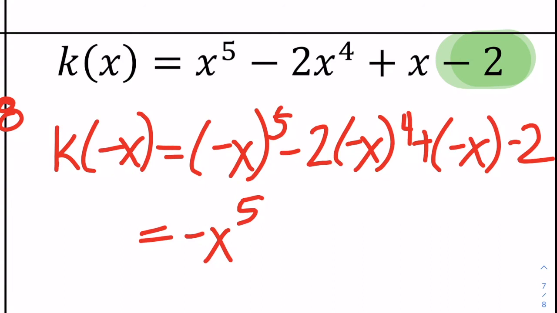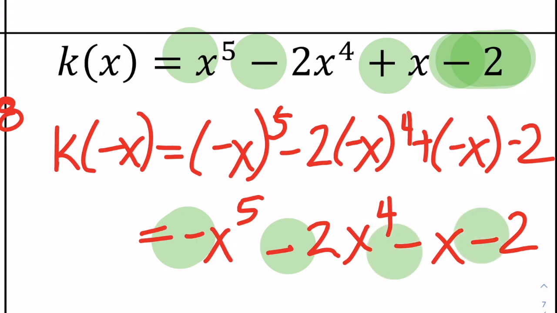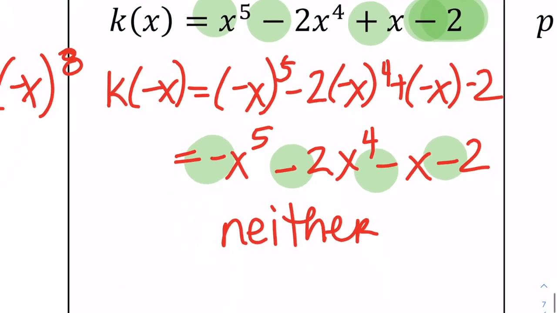So this will stay the same here, 2x to the fourth, and this will become negative x minus 2. So looking at the signs, this is positive, negative, positive, negative. This becomes negative, negative. It's not all becoming opposites, and they're not all the same. So this one will be neither, because it's neither even nor odd. They all have to change and become the opposite, or they all have to stay the same to stay even.